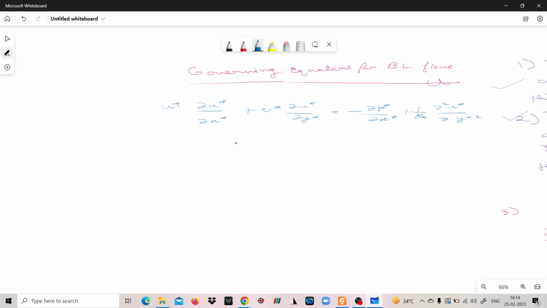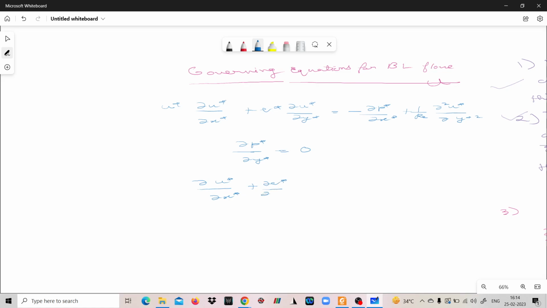This is the first equation. Del p star by del y star is equal to 0, and del u star by del x star plus del v star by del y star is equal to 0.